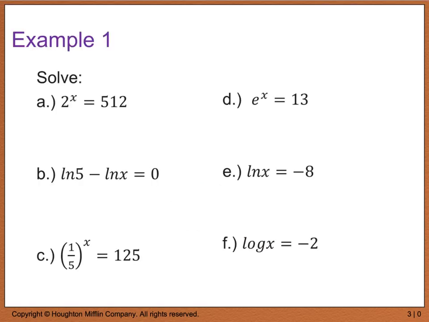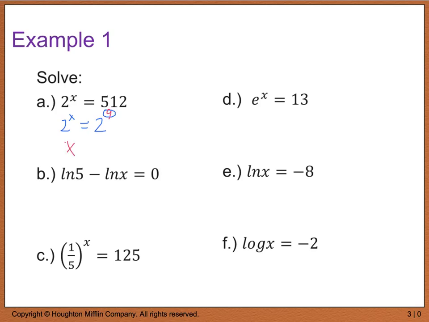To start out, we're going to look at example 1, which says 2 to the x equals 512. In order to solve for x, we have to rewrite this problem. So I have 2 to the x equals 2 to what power? That power is the 9th.